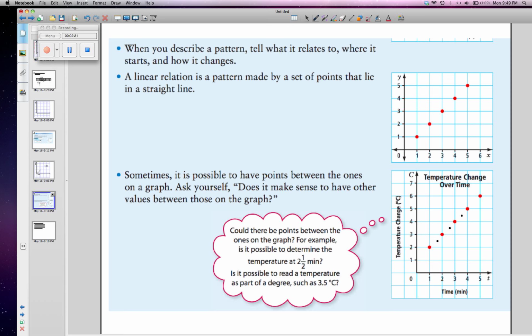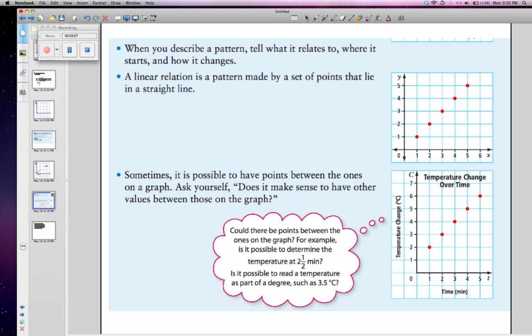Well, here's another thing about temperature change over time. It's just another graph. Not all that hard to understand. But the book's going to say, is it possible to have a dot right there, or right here, or right here? And you're going to say, I'm not sure. Does it make any sense to have a dot there? Well, this is time in minutes. So at 1 minute, we are at 2 degrees Celsius. At 2 minutes, we are at 3 degrees Celsius.